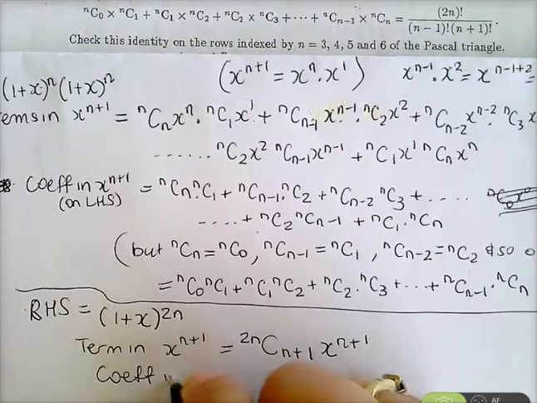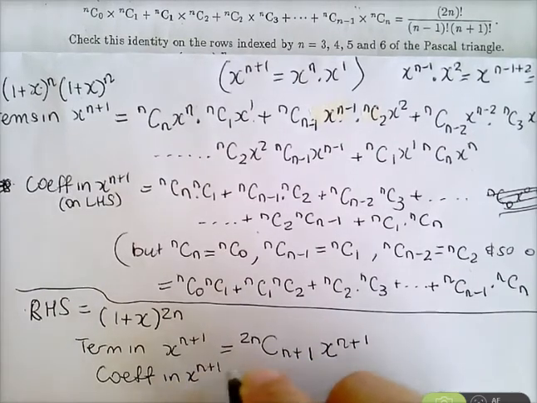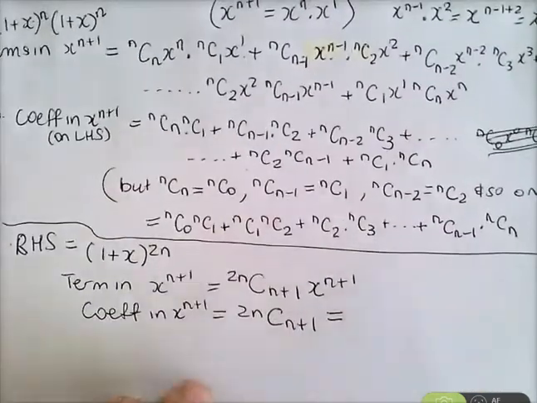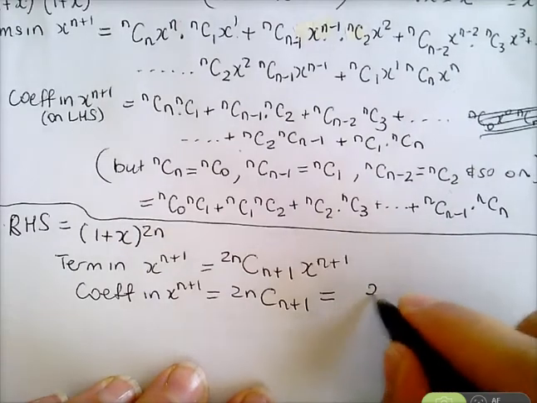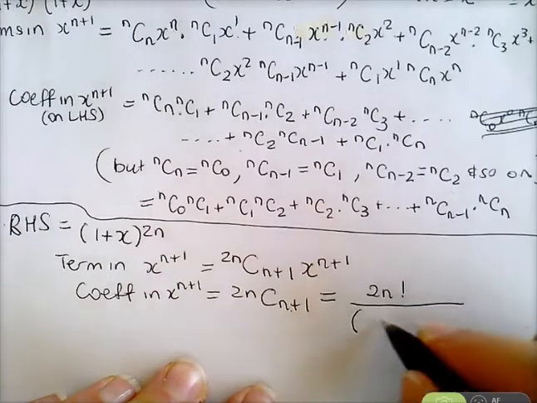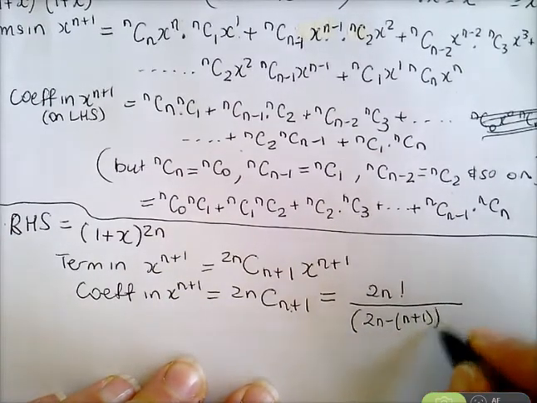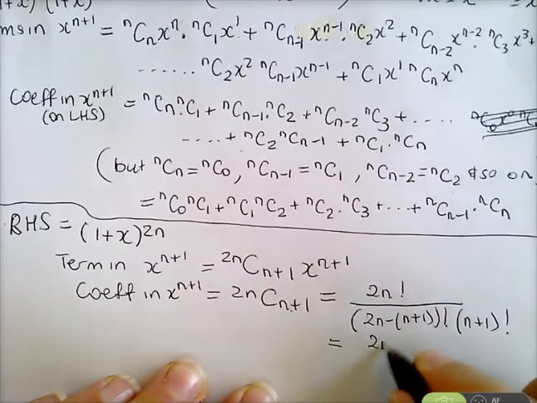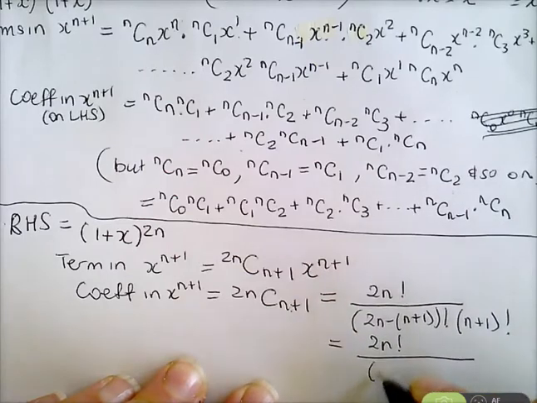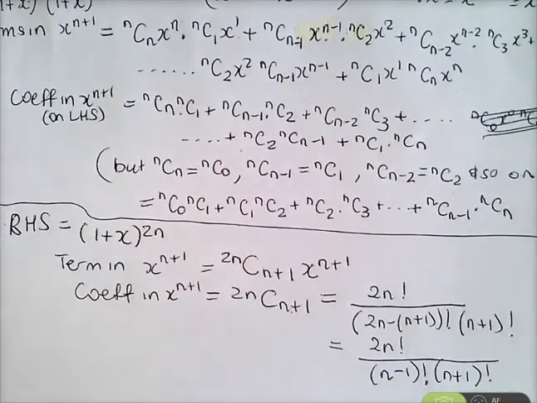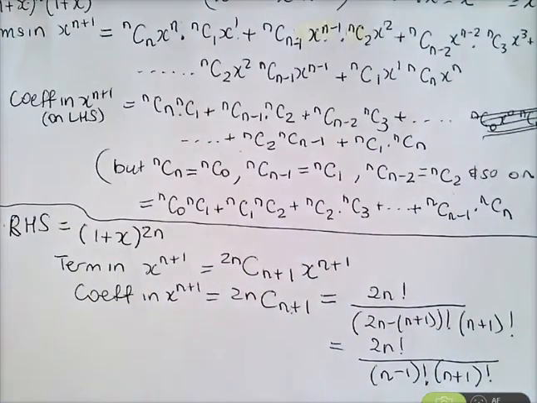So the coefficient in x to the n plus 1 is 2n choose n plus 1. And then you just work out what it is in terms of factorial notation, which is 2n factorial over (2n minus (n plus 1)) factorial times (n plus 1) factorial, which is 2n factorial over (n minus 1) factorial times (n plus 1) factorial. So therefore, make your conclusion. Therefore, that equals that. You're done.